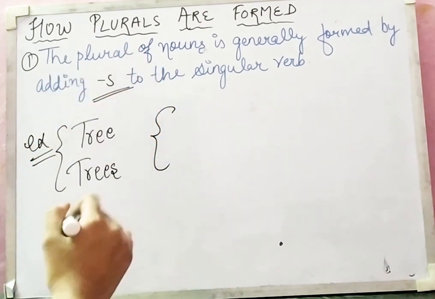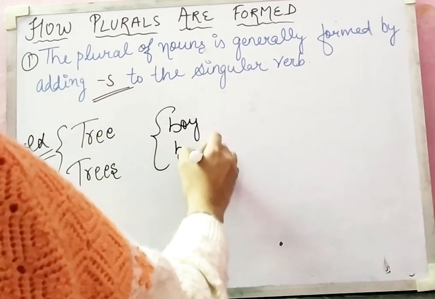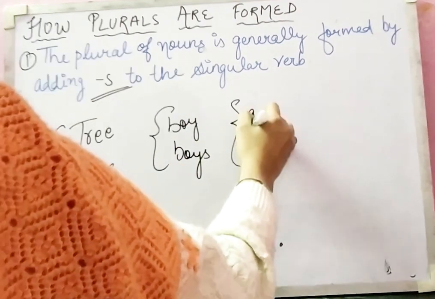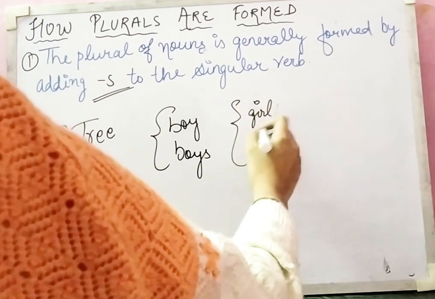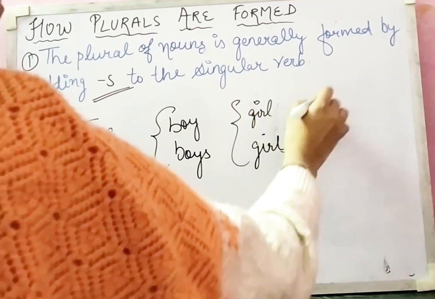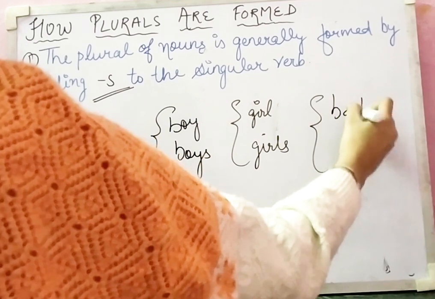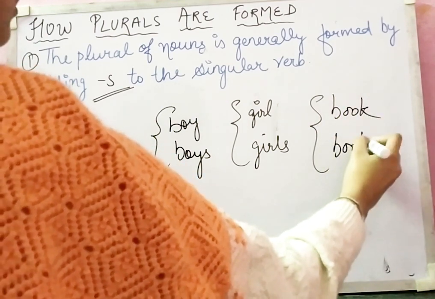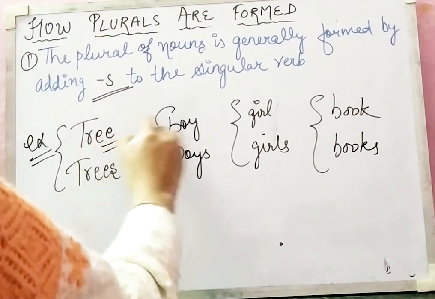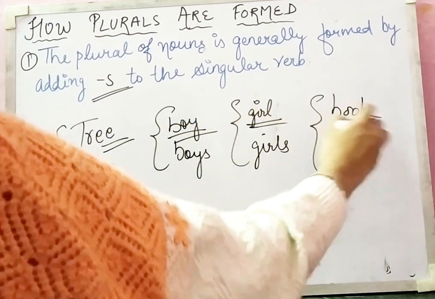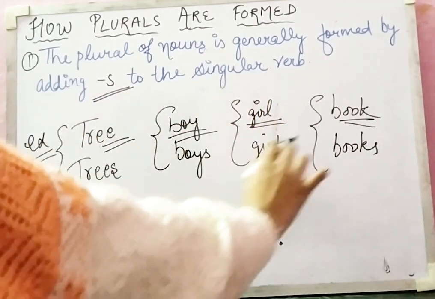Similarly, there are more examples like boy and boys, girl and girls, and book and books. The singular one that I have told you is talking about only one person or thing, that is one tree, one boy, one girl, one book.